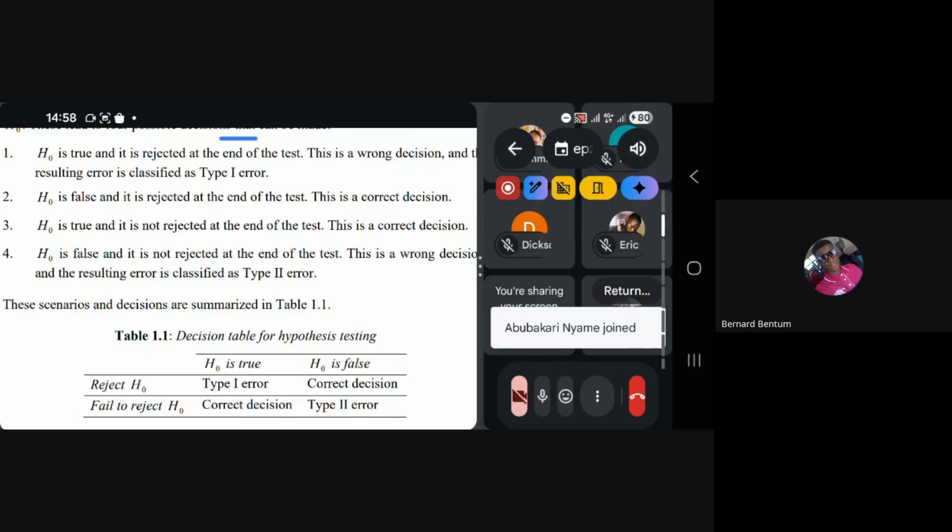Okay. Hello, madam. Yeah, Bernard, go ahead. Okay, so in the type 2, where's my type 2? Madam, sorry, I can't find the type 2 explanation. It's not the type 2, just the second one. Read the second one, not the type 2. Okay.